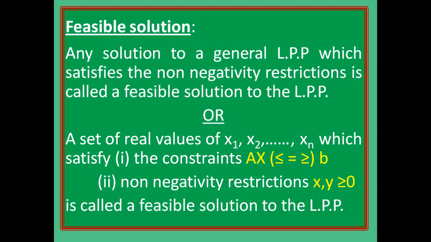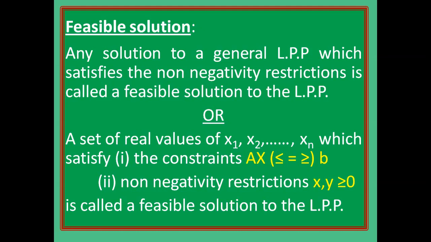We have started with the word any solution. Whenever we are telling solution, based on the previous definition, it is already satisfying all the given constraints. Then in addition, if it is satisfying non-negativity restriction also, it will be called as feasible solution.